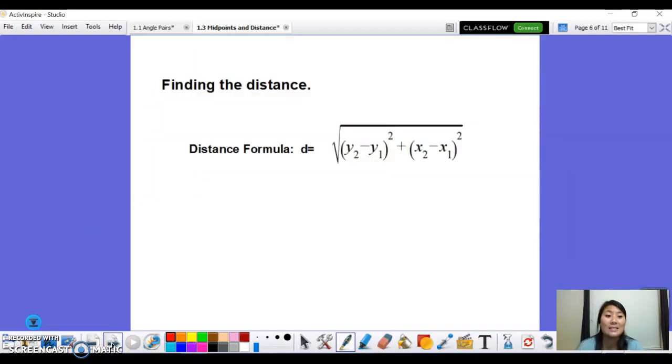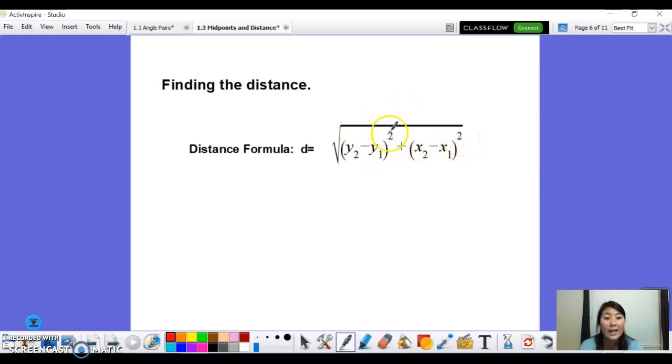So now this is the distance formula. Before, when we had the distance on a number line, we just either counted or we subtracted the two and took the absolute value. Now, since we are dealing with x's and y's, we have to have a distance formula. So here we have the square root, and everything is underneath the square root. We're going to have (y2 minus y1) squared plus (x2 minus x1) squared.